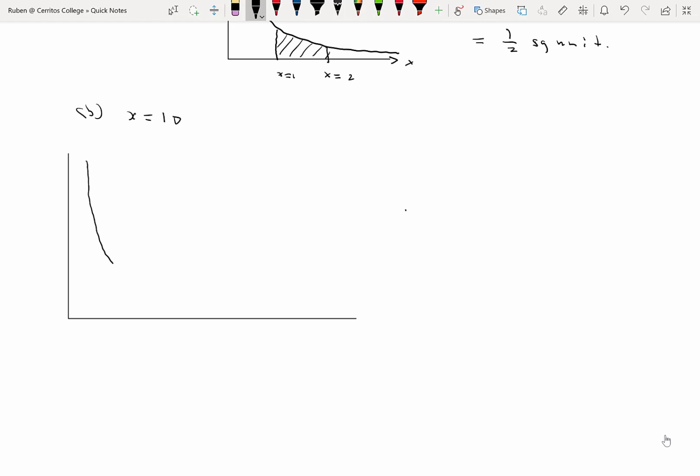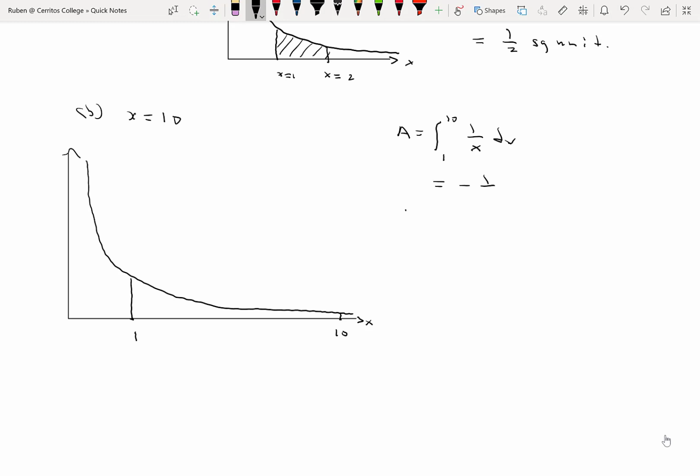The function is still 1 over x squared, which approaches the x-axis asymptotically, from x equals 1 to, say, x equals 10. Again, this is a simple Calc 1 problem. The area equals the integral from x equals 1 to 10 of 1 over x squared dx.